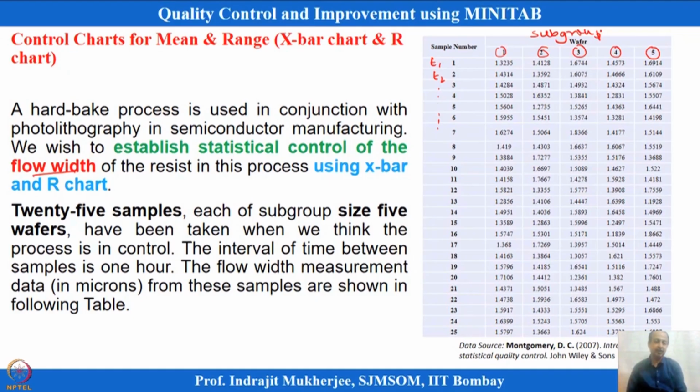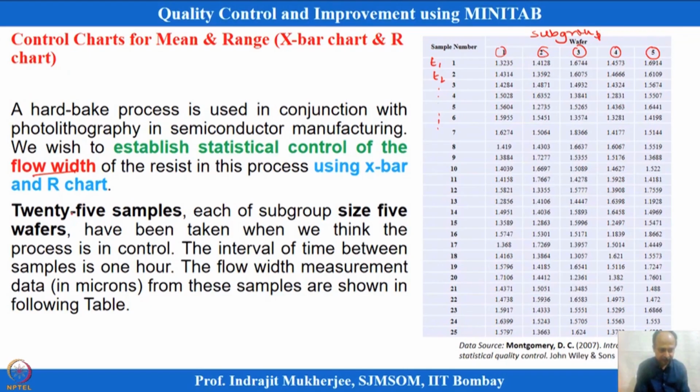Some inspector has to be assigned, so cost will be incurred for inspection. We have to decide the subgroup size, but here at a specific time point 5 samples were collected. So 5 multiplied by 25 gives 125 observations. There are 25 samples of size 5.